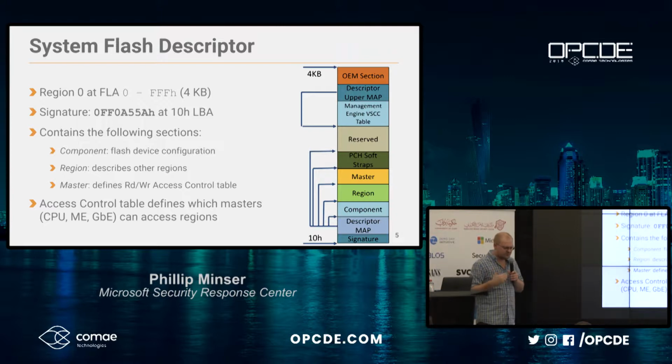This is important because when software, or even BIOS, needs to communicate to different components, it knows the exact location of the BIOS and of the other regions. Then it's also, as I've already mentioned, storing something called an access control table. The access control table is the table of permissions for who can modify the content of the different regions.